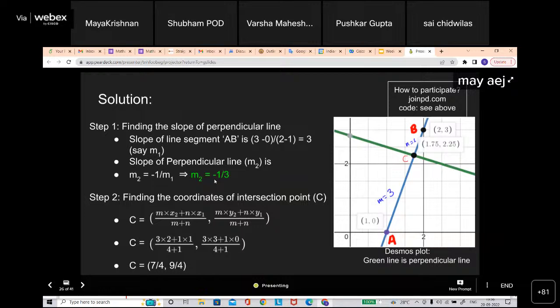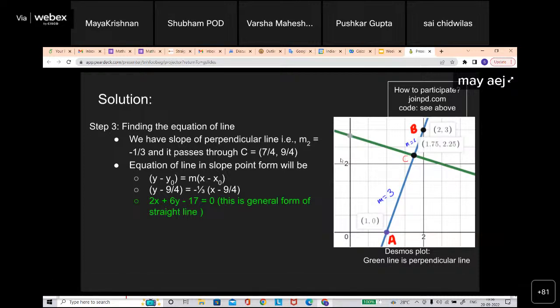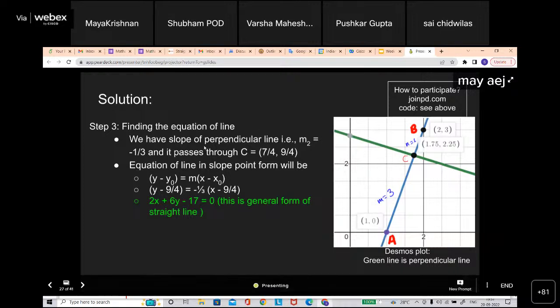Once you find the slope of the perpendicular line, you need to find the coordinates of the intersection point. Using the section formula with the given ratio, the coordinates of this point are 7/4 and 9/4. Now you have one point and the slope, so use whichever form you need and find the equation of the line.